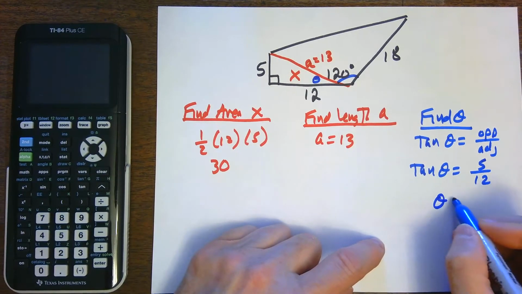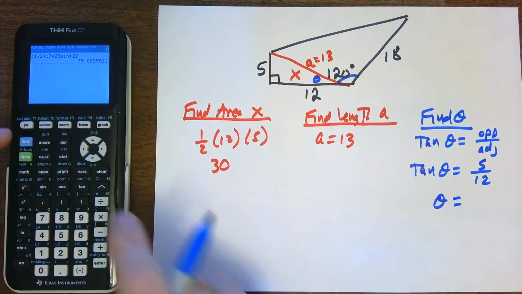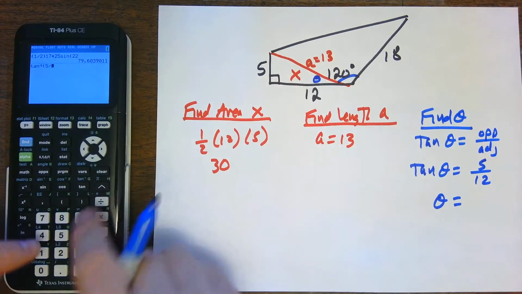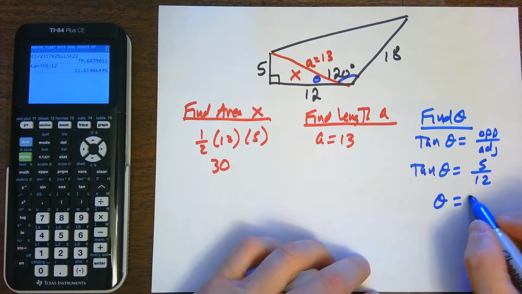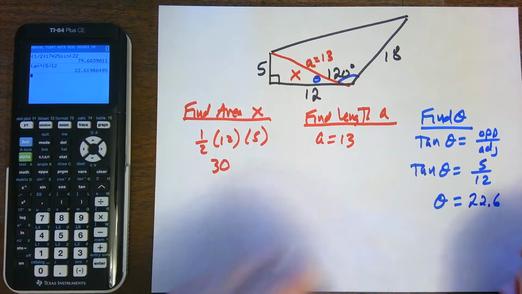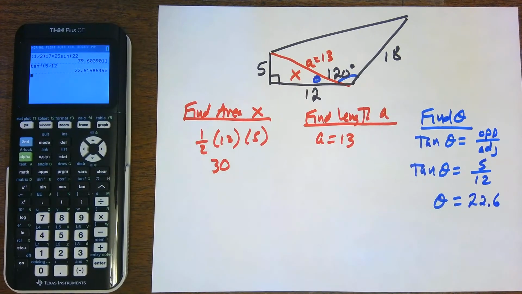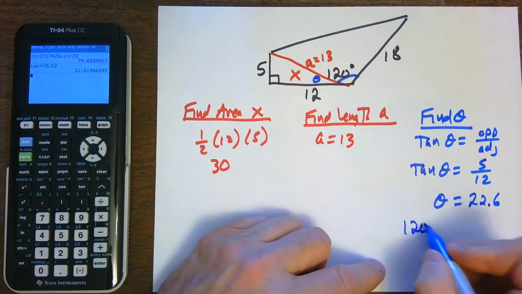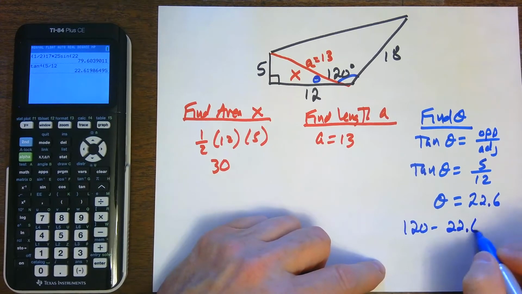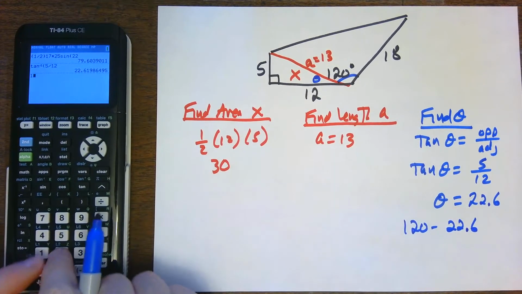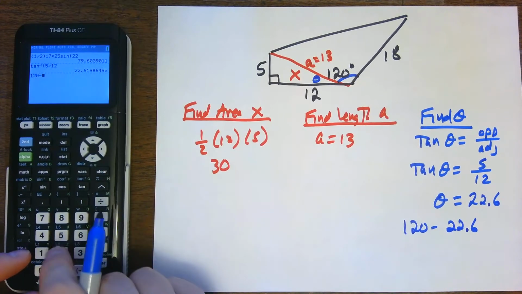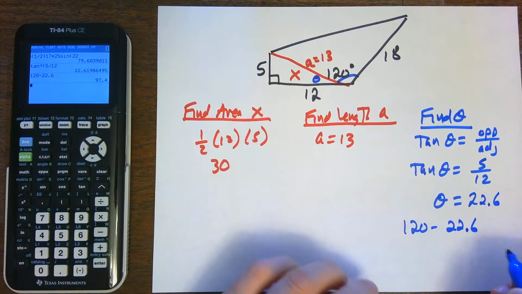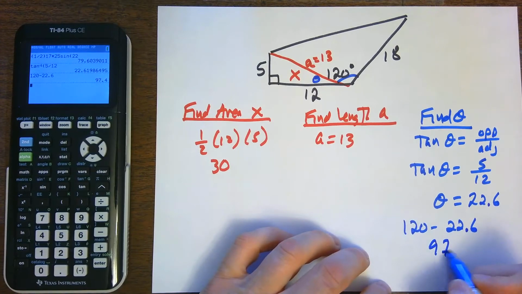Take the arctangent. The arctangent of 5 divided by 12 is 22.6. So how much is the angle inside that triangle there? 120 minus 22.6 is 97.4.